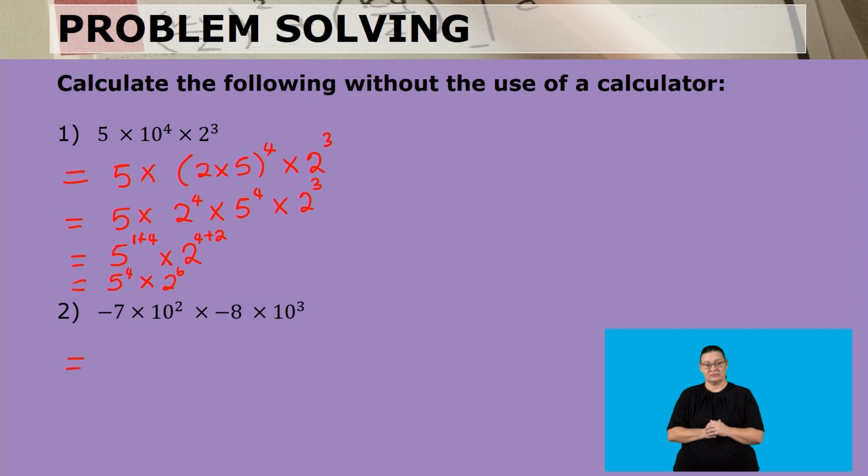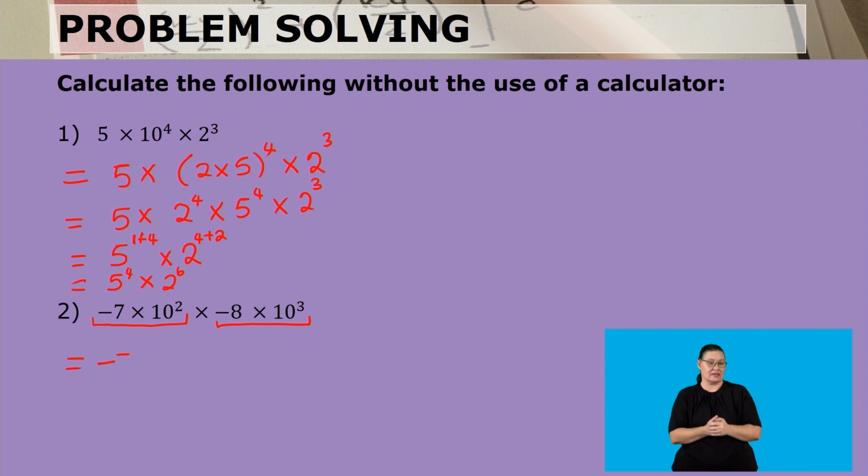And then this last one here, we have a negative 7 multiplied by 10 squared multiplied by negative 8 multiplied by a 10 cubed. So we could say that we have 2 scientific notations here that are being multiplied. Now, because we know our exponent laws, we are going to combine the ones that have the same base.